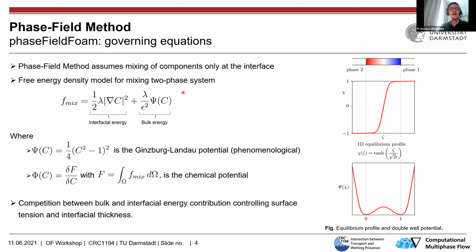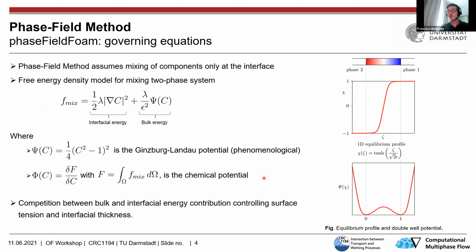And by having this, it's possible to specify the free Helmholtz energy density to model the mixing energy. So here we have the interfacial energy and the bulk energy, and by having this, it's possible to obtain the chemical potential of this system.